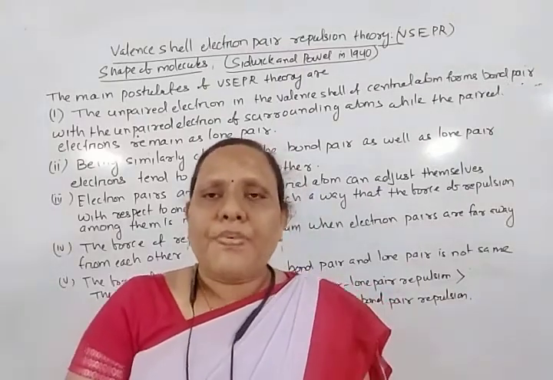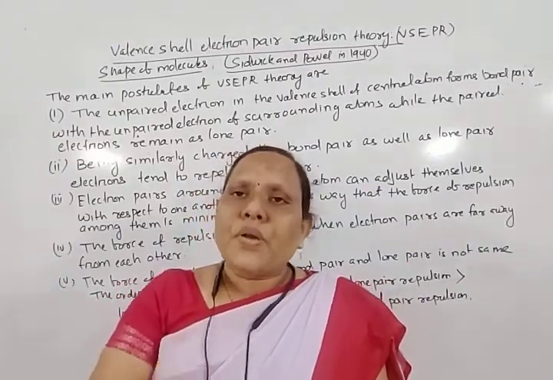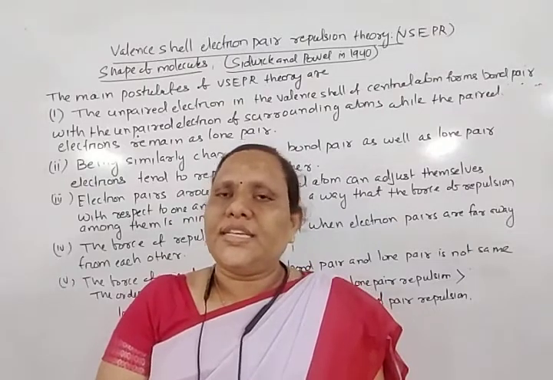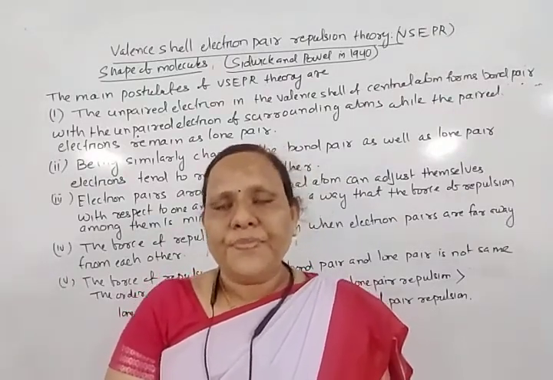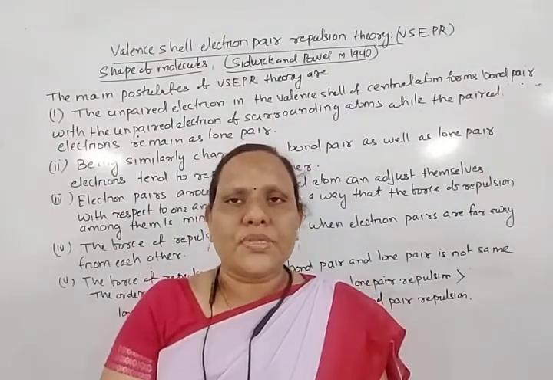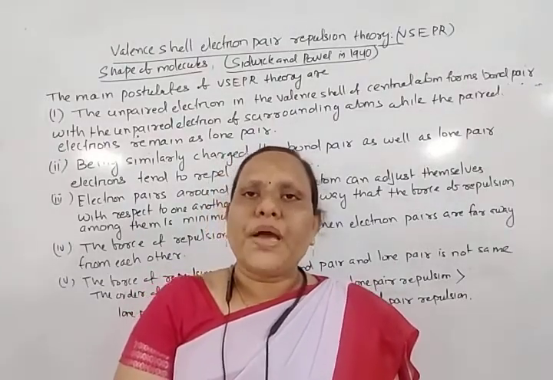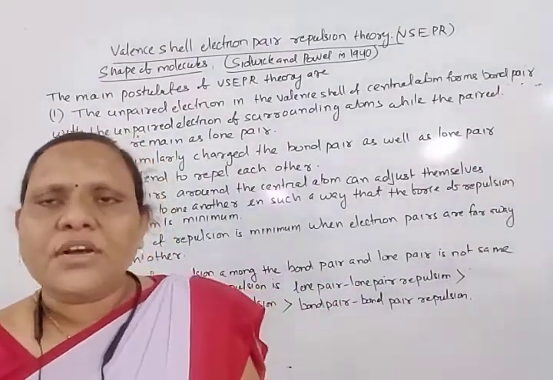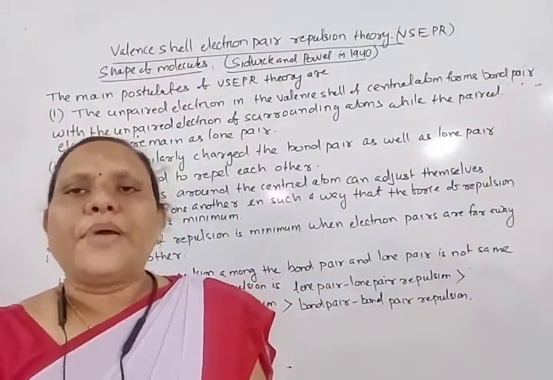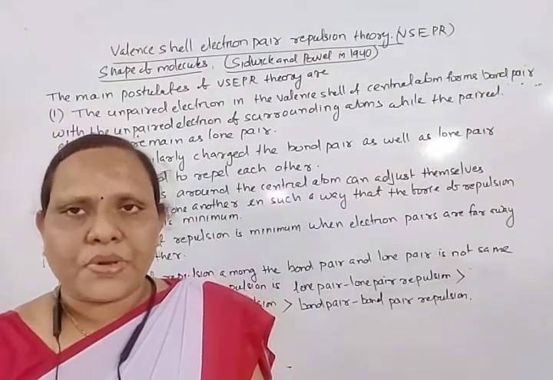And the force of repulsion among bond pairs and lone pairs is not the same in all cases. Lone pair-lone pair repulsion is greater than lone pair-bond pair repulsion, which is greater than bond pair-bond pair repulsion. Okay, so these are the postulates, or some points, of the valence shell electron pair repulsion theory.